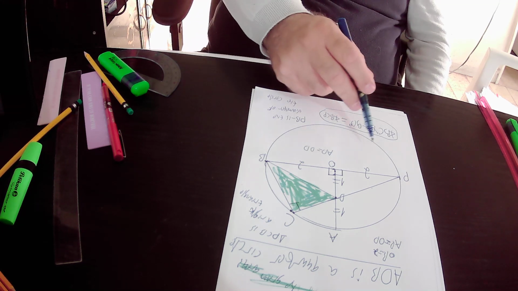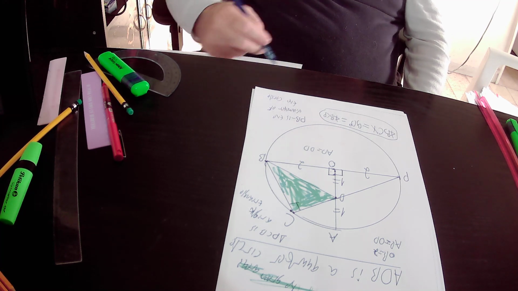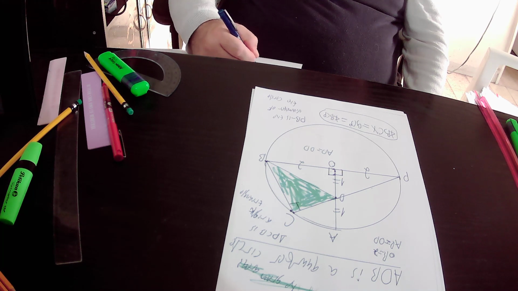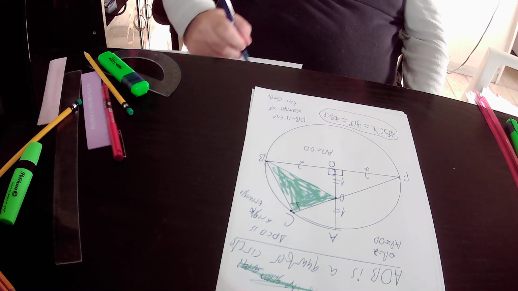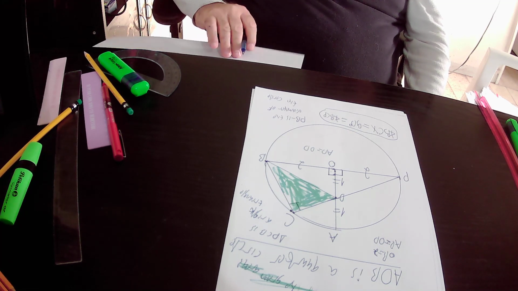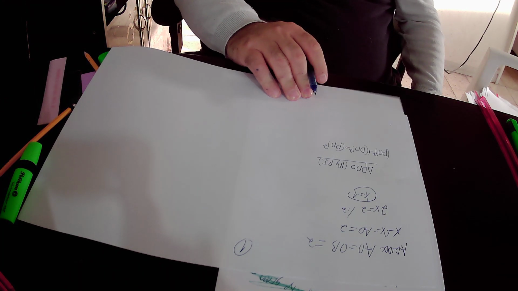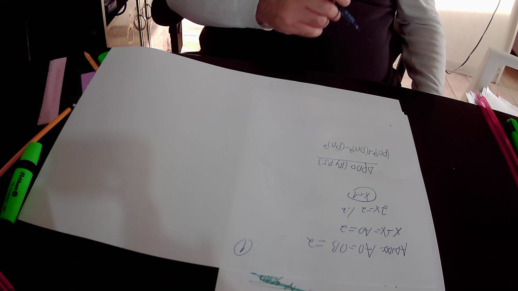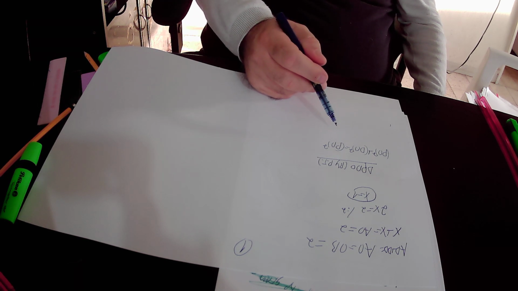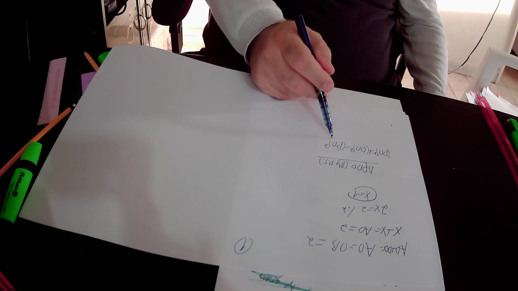So PO square plus DO square must be equal to the square of the hypotenuse, that is PD square. Okay? So according to the Pythagoras theorem, on the right triangle PDO, PO square plus DO square must be equal to PD square.